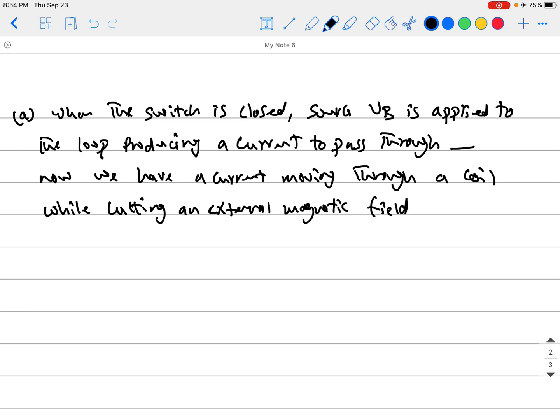Okay, it's coming from the poles, the north and south poles. So a torque will be induced.